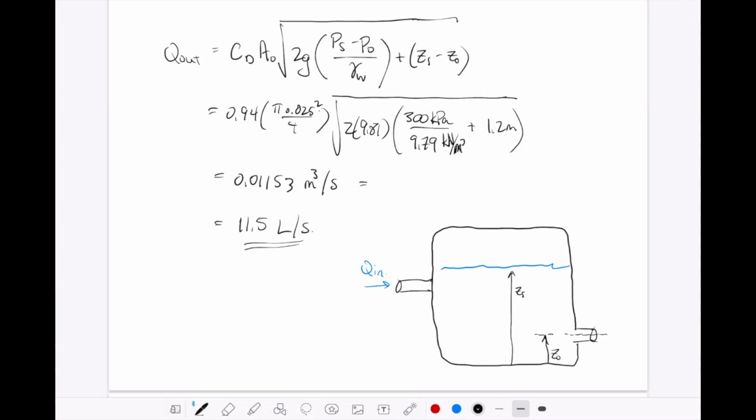So then our difference in elevation will be Z surface minus Z0, which we know is 1.2 meters. At the top, we have pressure at the surface. And out here, we have pressure equal to P atmosphere. So that's all that diagram would look like.